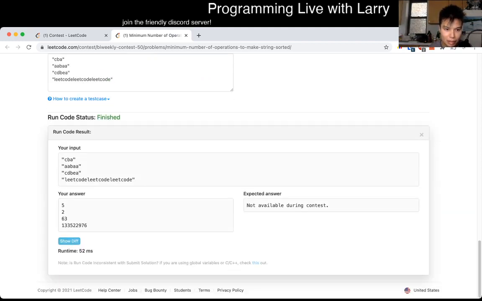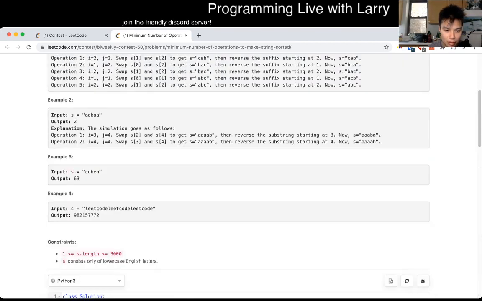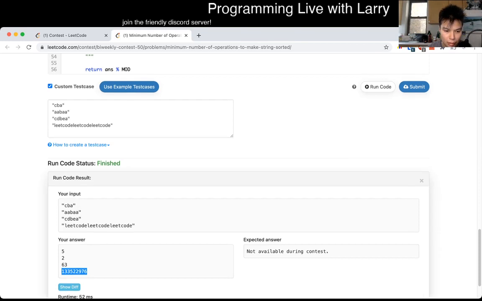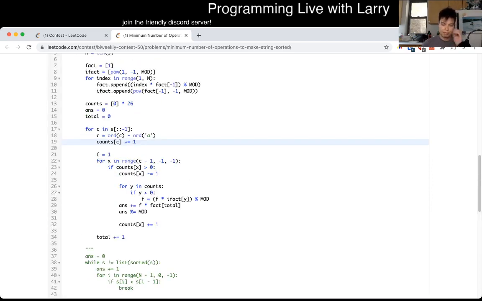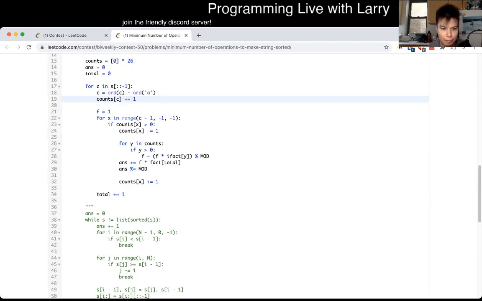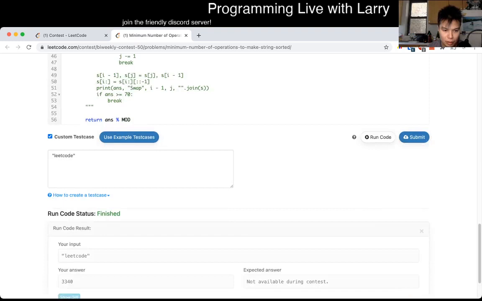Half right. That's wrong. Good start though, but 340.